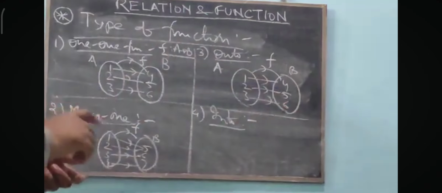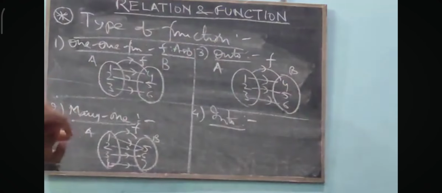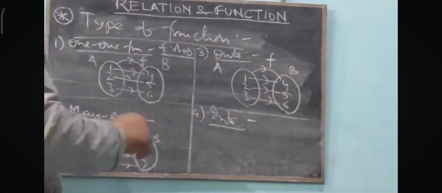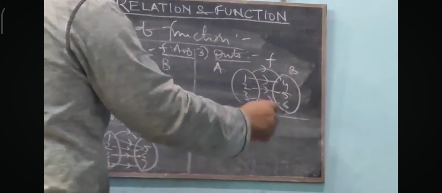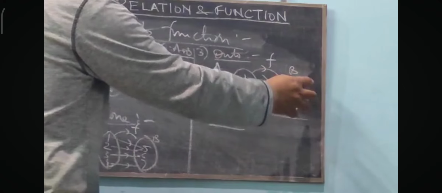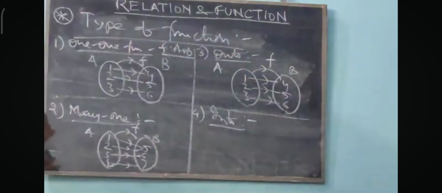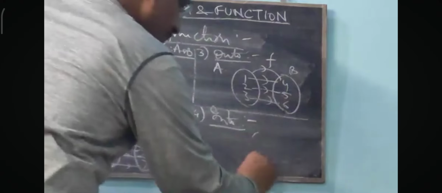This is the condition. All elements of codomain must be engaged with the elements of domain. If we have to define it, we can define it as a function in which all elements of codomain are the images of elements of its domain part, then the function is onto. Now we come to into.